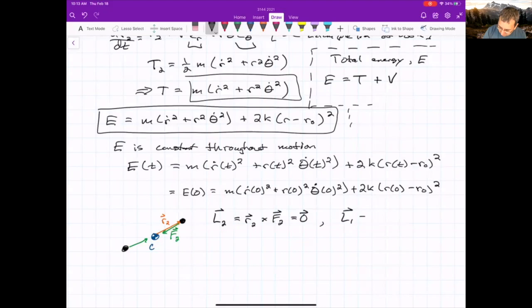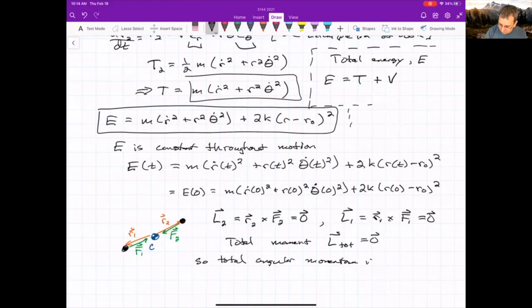L1 is R1 cross F1. This is F1, it's R1. Again, they're in the same direction. So because they're parallel, 0. Total moment, 0. So total angular momentum is conserved.